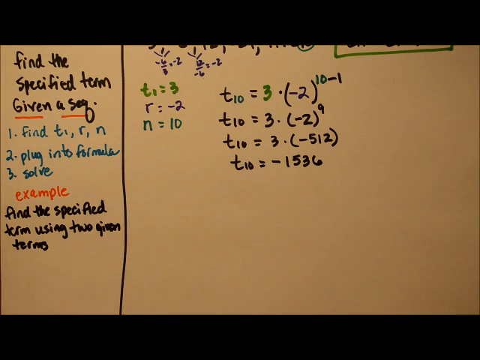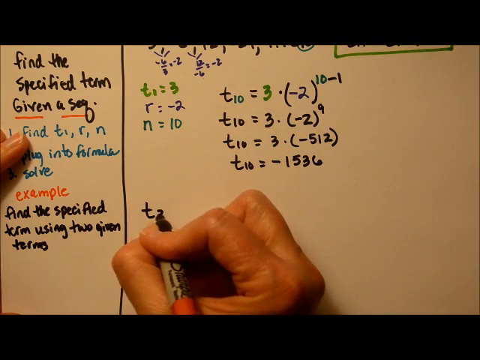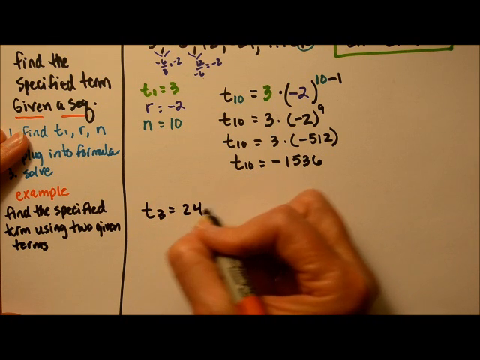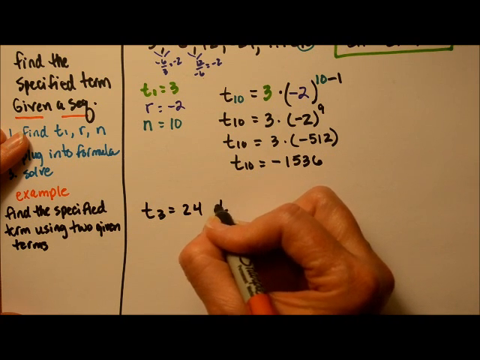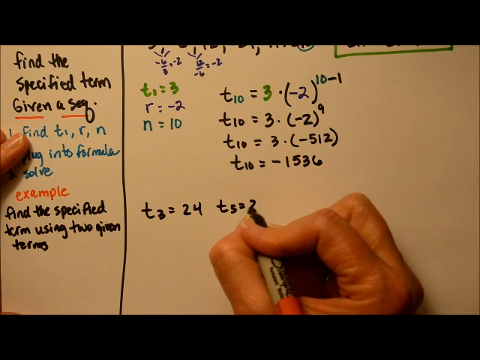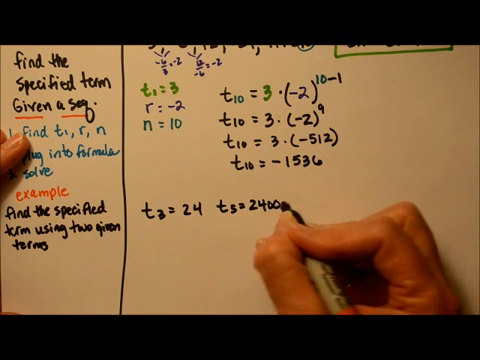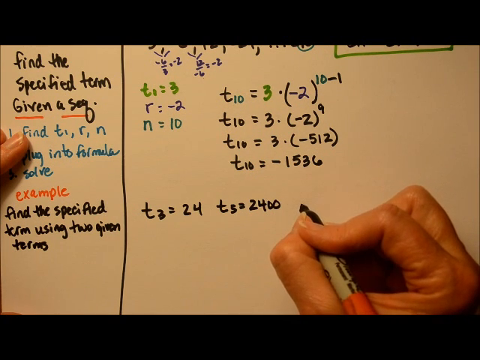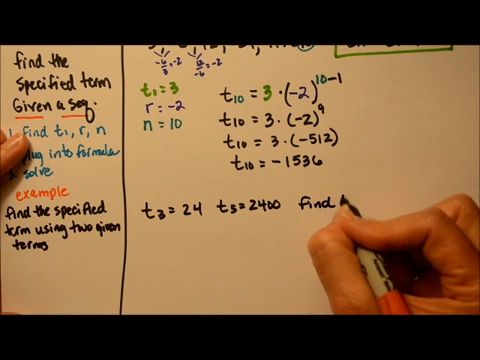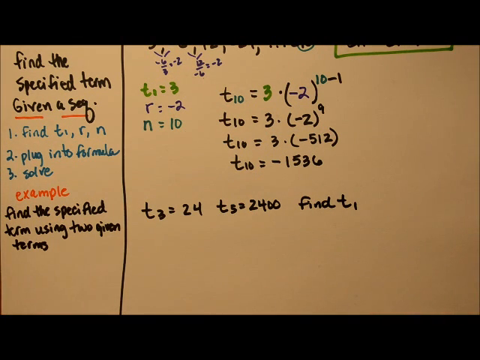Okay, so for instance, I have T3 equals 24 and T5 equals 2400. And in this one, they actually want you to find T1. Ooh, how am I going to do that?